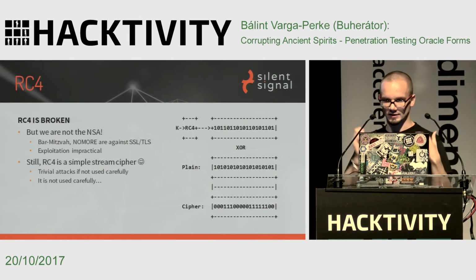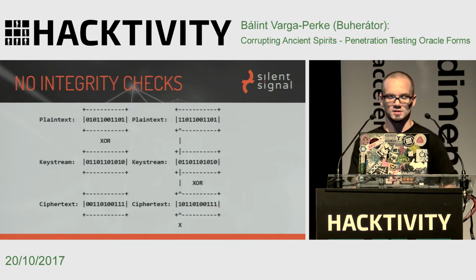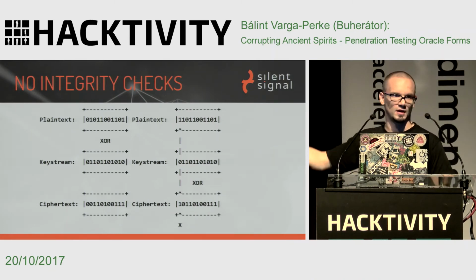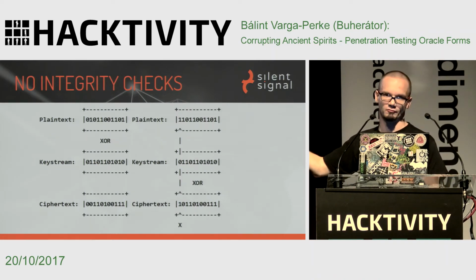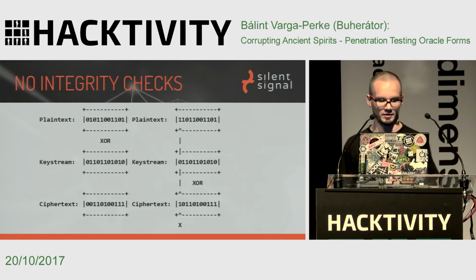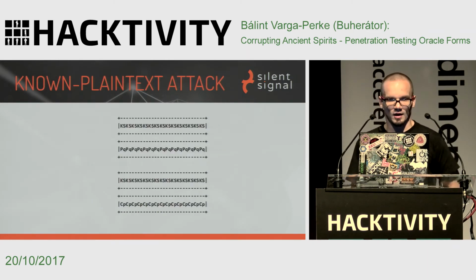But if it's not implemented correctly, it can be attacked in several ways. So for example, in case of Oracle Forms, there are no integrity checks in place. So if you flip one bit in ciphertext in transit, the same bit will be flipped in the resulting plaintext after decryption. This is basic cryptanalysis. You can learn about it in the university. So it's not that interesting.